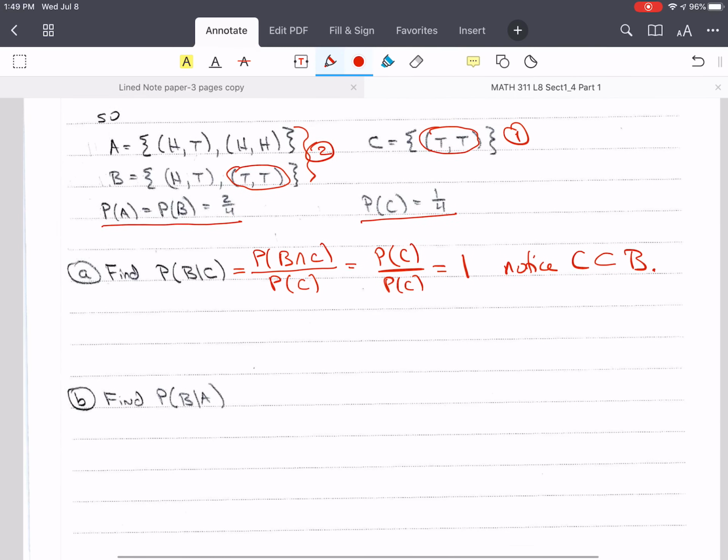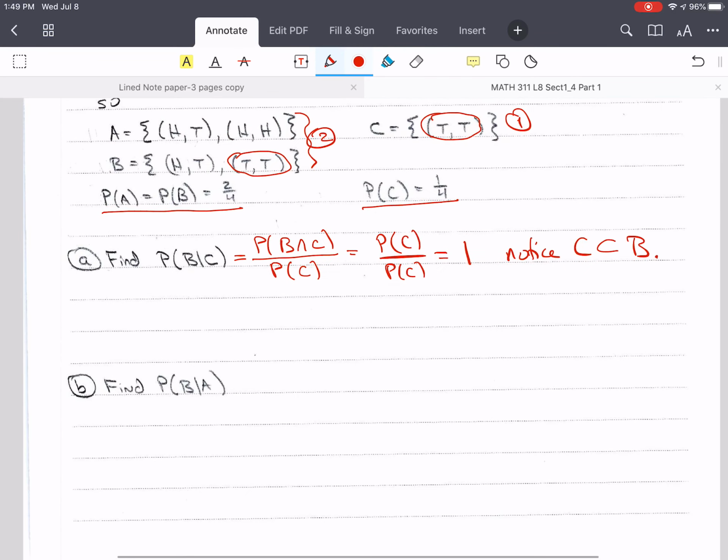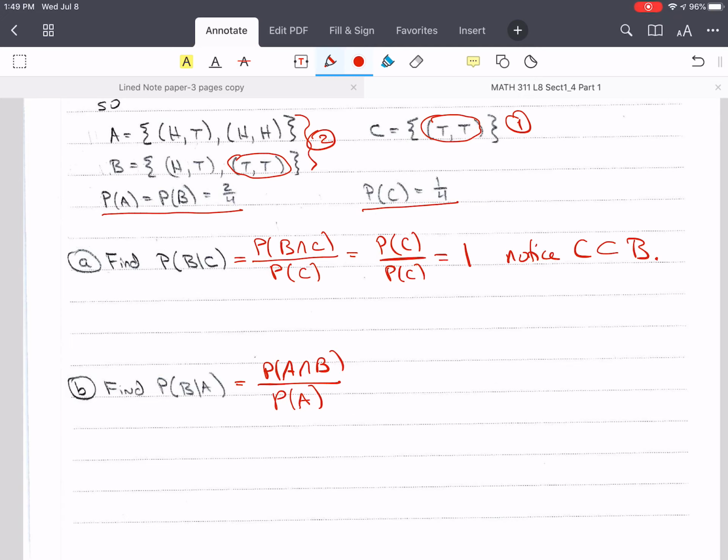Now, let's find the probability of B given A. So again, this is going to be the probability of A and B divided by the probability of A. We look at A and B, and in common, they have heads and tails.